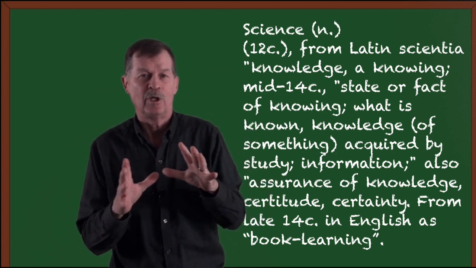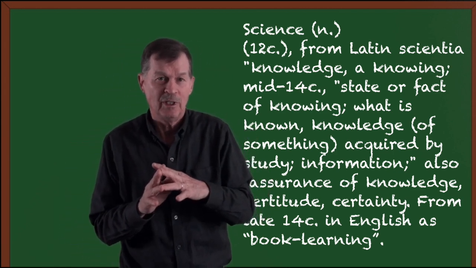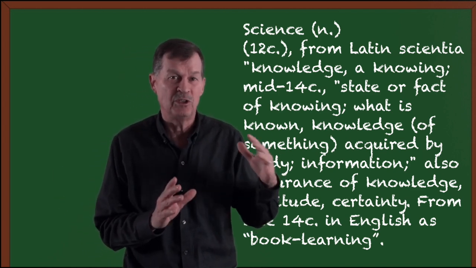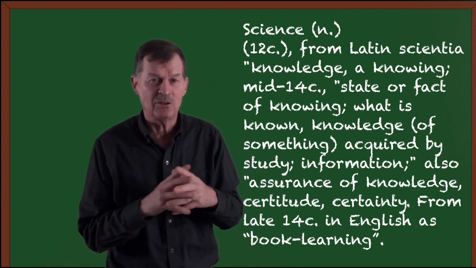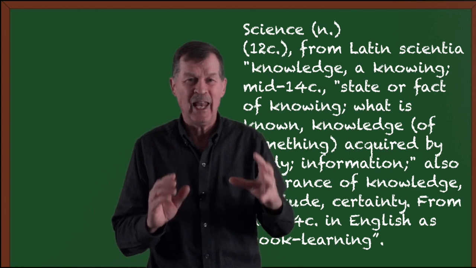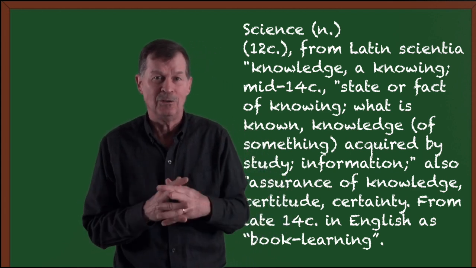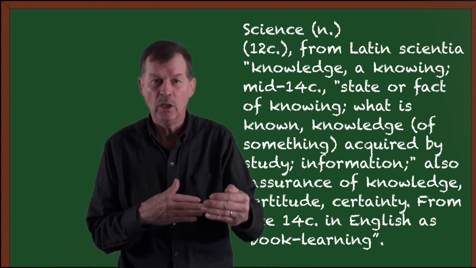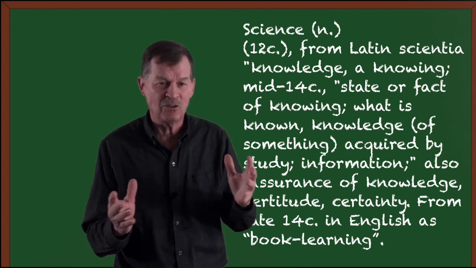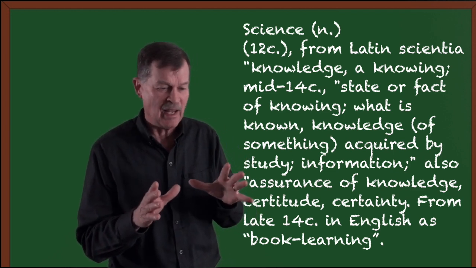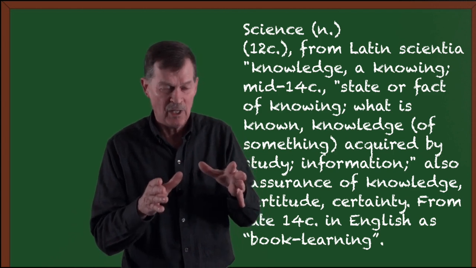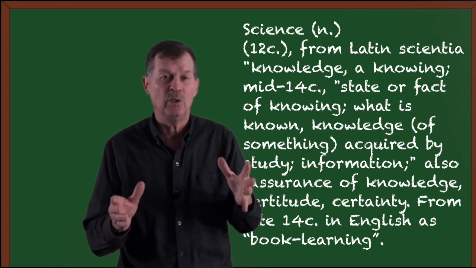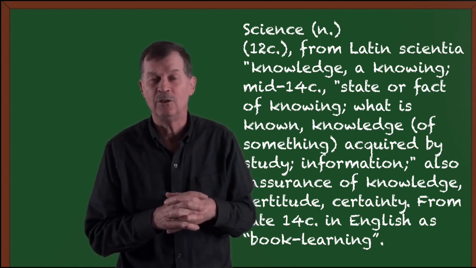So again, we're coming back to knowledge. What is knowledge? And where did the word knowledge come from? And now we're looking at science. Where did the word science come from? Science basically comes from Latin, which means knowledge. So it's the same purpose. It has the same goal of generating knowledge. So the science that we practice today is a practice to generate reliable knowledge, because that's what science always meant, reliable knowledge or knowledge.